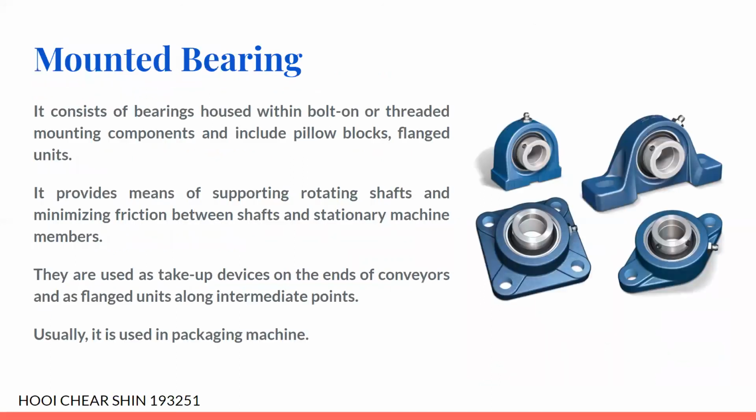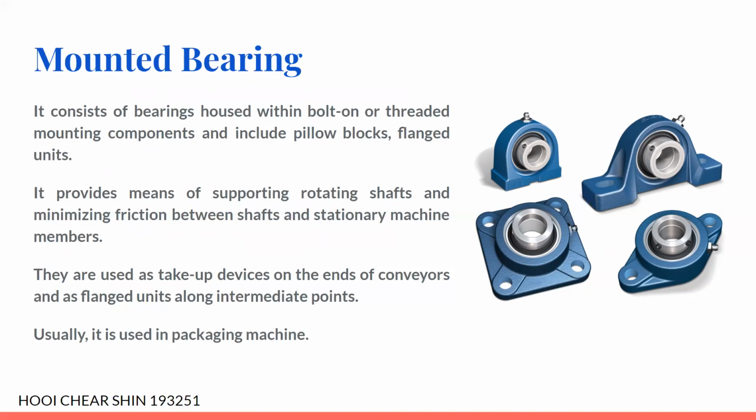Another type of bearing that is commonly used in food processing machines is the mounted bearing. It consists of a bearing housed within bolt or threaded mounting components and includes pillow blocks and flange units. You can see from the right picture that a bearing is mounted in the housing.